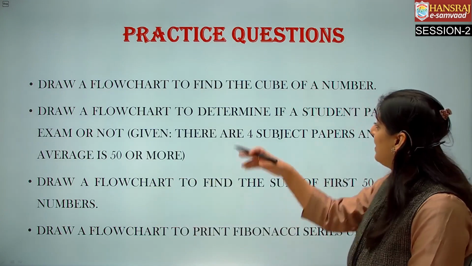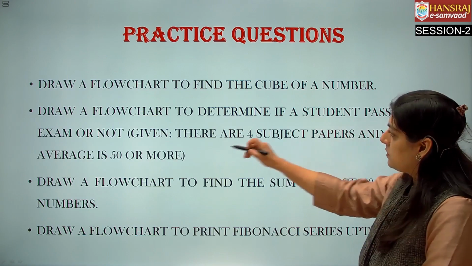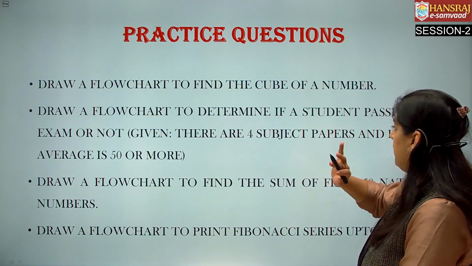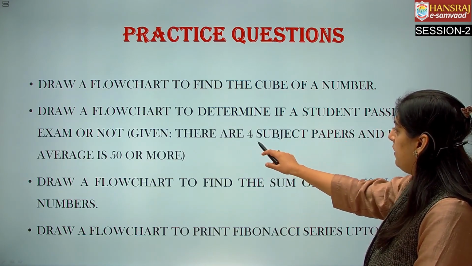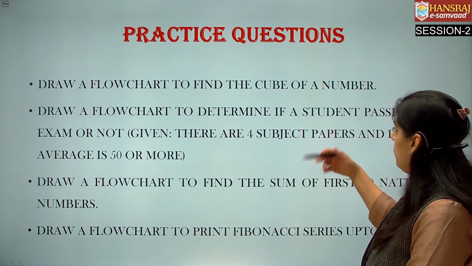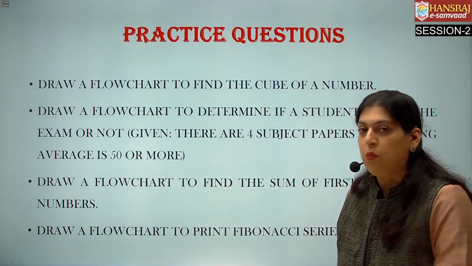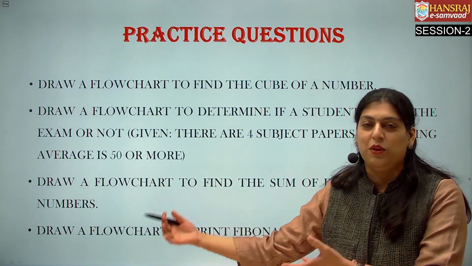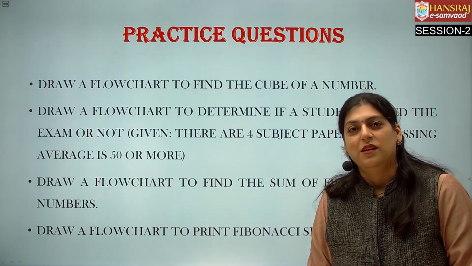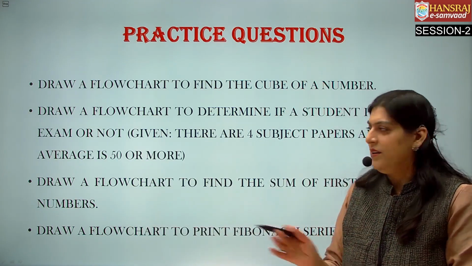Right? Now, next one, to determine whether a student passed the exam or not, right? What is given to me? There are 4 subjects, and I need to calculate the average. And if average is 50 or more, I will say, okay, the student has passed, otherwise he has failed. Simple if-else condition, right?